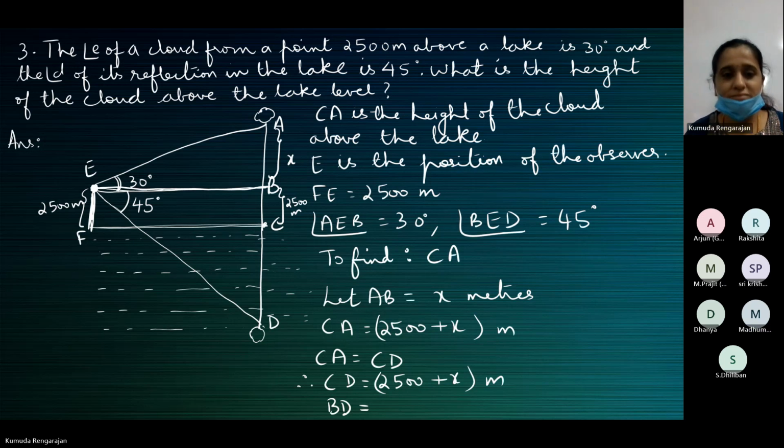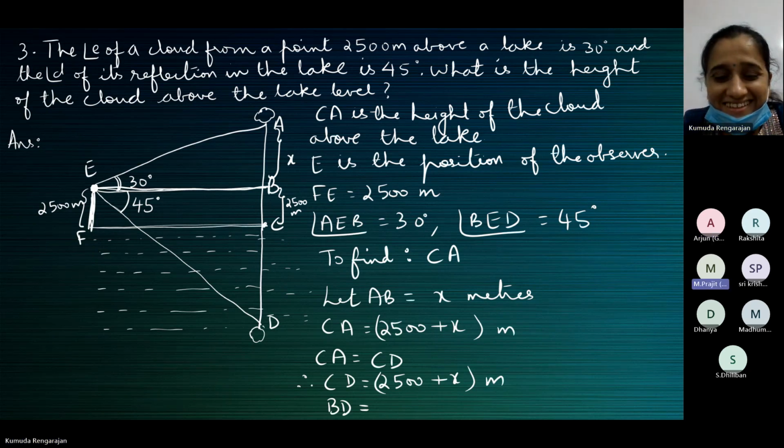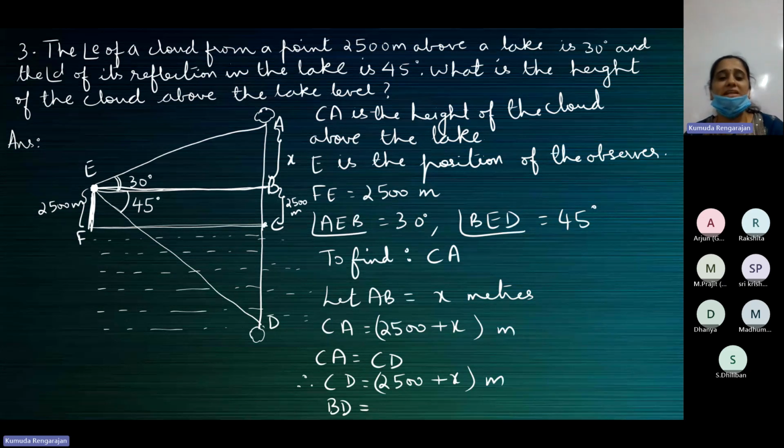X plus 5,000. Not 50,000, 5,000. What is the answer? X plus 5,000, ma'am. Yeah. What is BD, children?